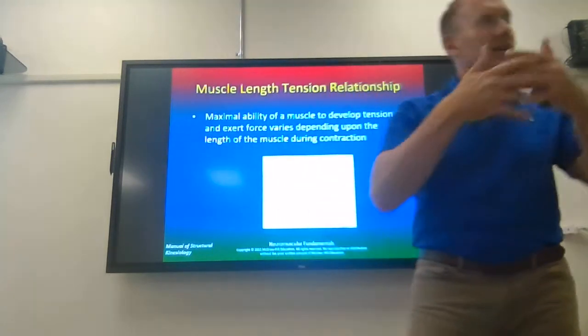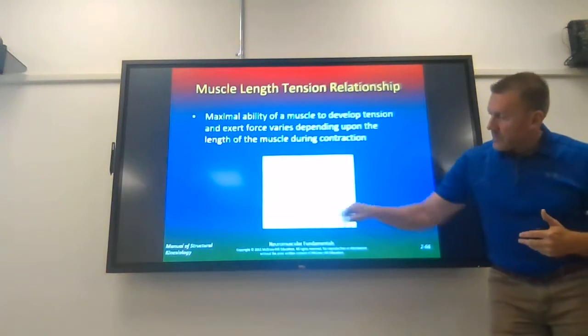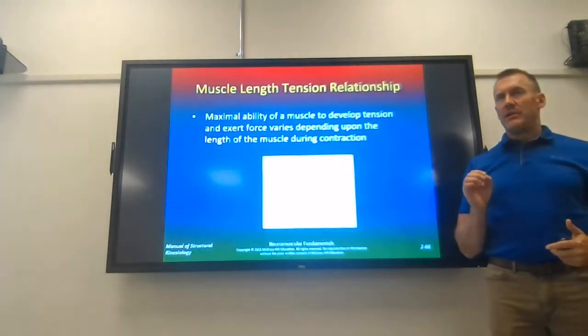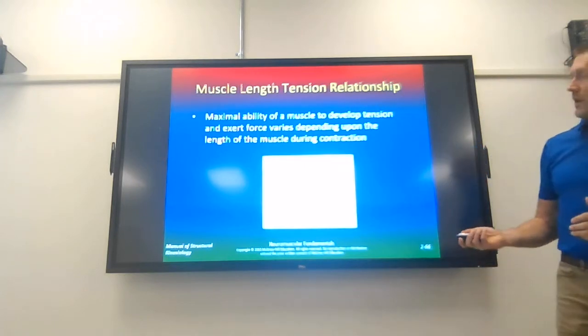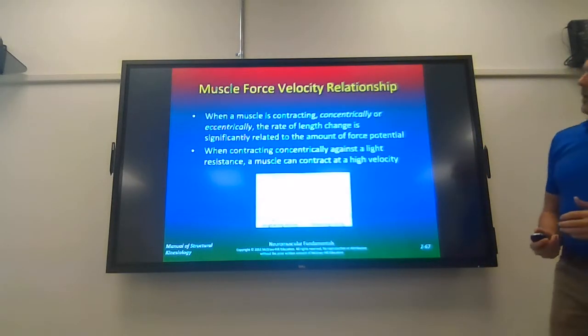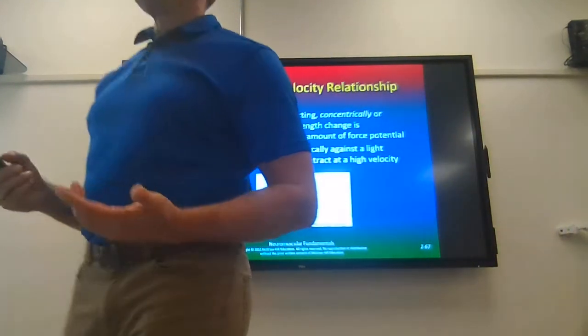So we get the most interaction between those little contractile filaments when a muscle is just a little bit stretched when we initiate contraction. So: motor units, length tension.